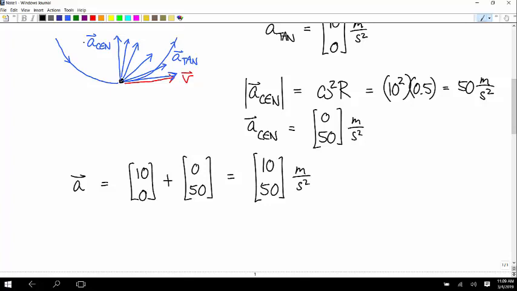And if you draw that up here, that looks something like this. So right in that range of values that we said it had to be.